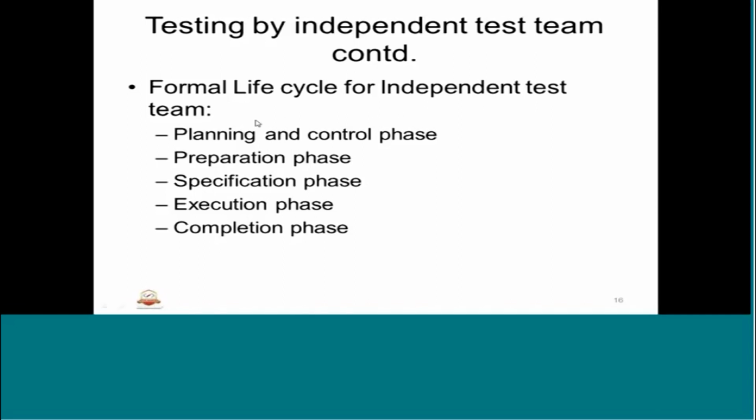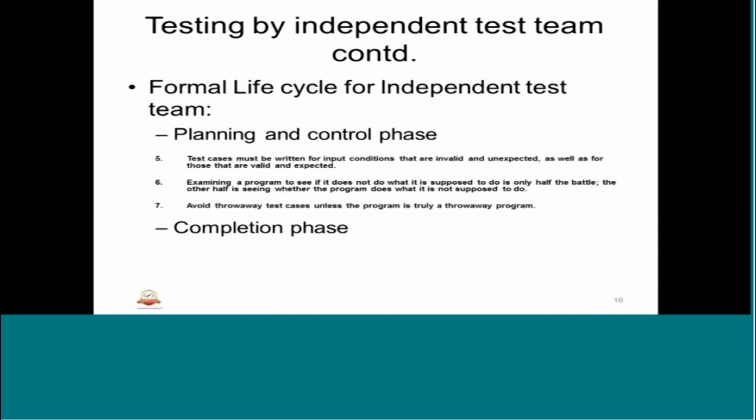These are the different phases mentioned here, and they map to what we have discussed in earlier classes in another way. But in terms of the formal life cycle, the independent test team takes requirements as input and does the high level test. They have to plan and control, prepare, specify, execute and complete it. So these are the phases used for independent testing.